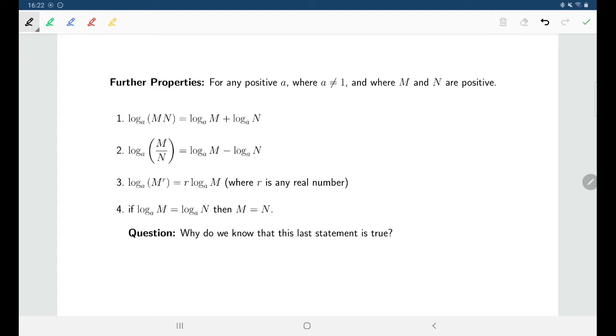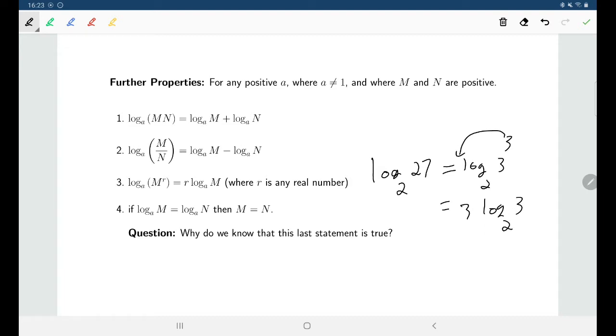And of course, these also work in the opposite direction. For example, if you had log base 2 of 60, 60 is 6 times 10, so I could rewrite that as log base 2 of 6 plus log base 2 of 10. Or if I had log base 2 of 27, I know that 27 is 3 cubed, so that's the same thing as 3 times log base 2 of 3.